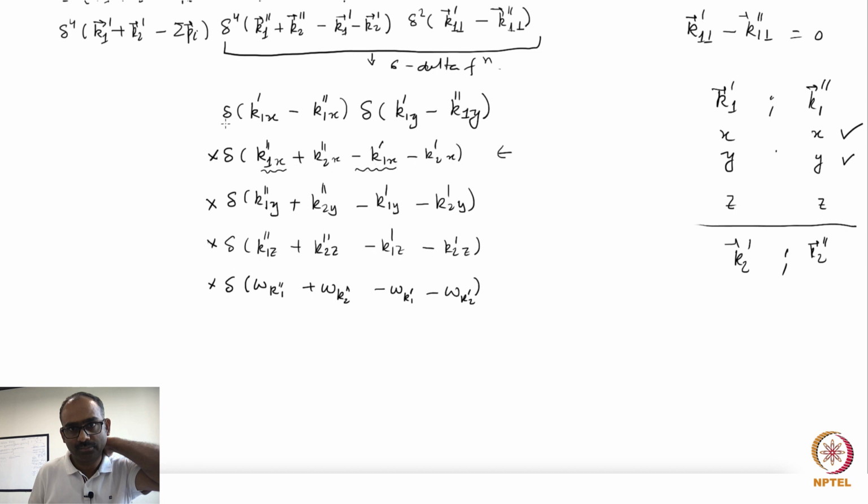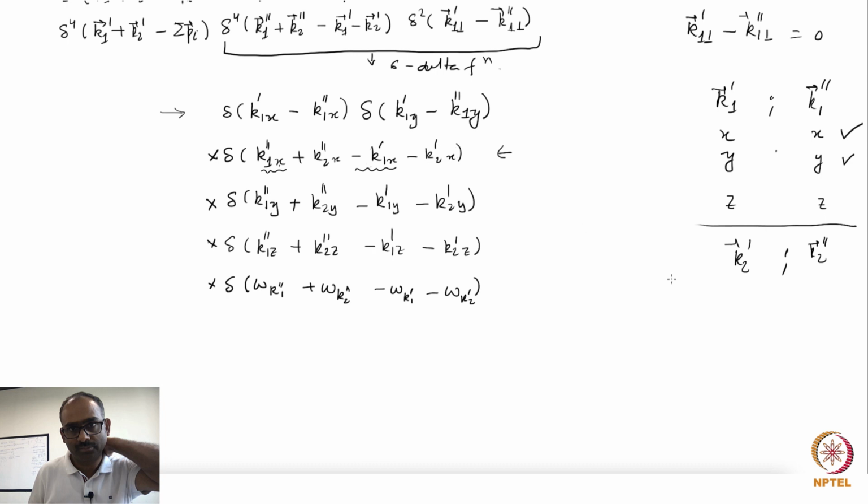Okay. Because of this delta function, this entire expression will be non-zero only when K1 double prime x is equal to K1 prime x. Otherwise this entire expression is 0. So I can put K1 double prime x is equal to K1 prime x in this entire expression. So K1 double prime x minus K1 prime x equal to 0, and these two go away. Okay, and I am left with only K2 double prime x minus K2 prime x.